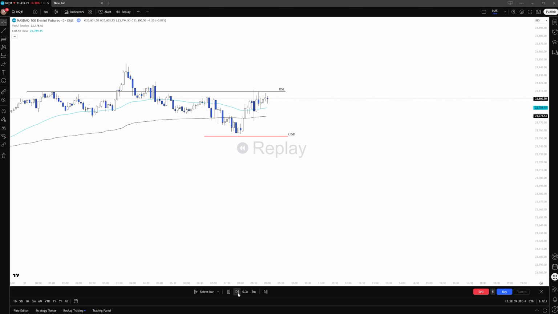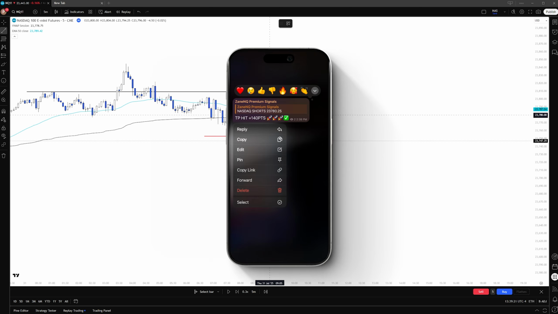Let's just continue. Boom, boom, boom. Right now, we are below the 50 EMA. And I did call this short in my free premium signals group on Telegram. I had a short at 780. It was right here. I called a short at 780, which I'll put on the screen now.